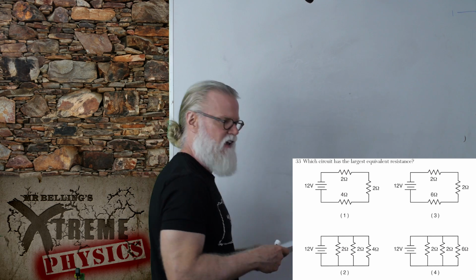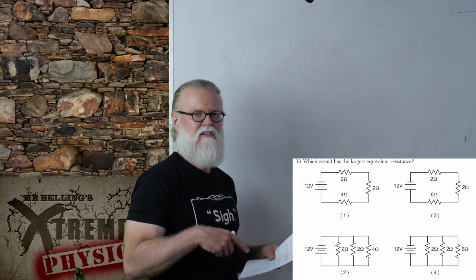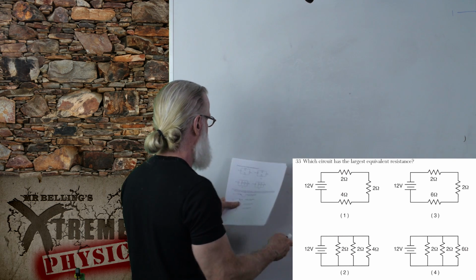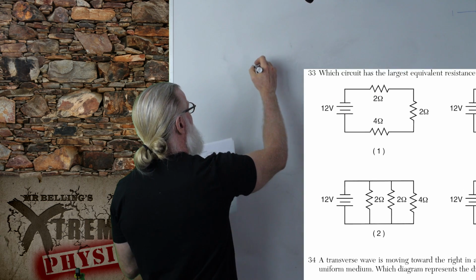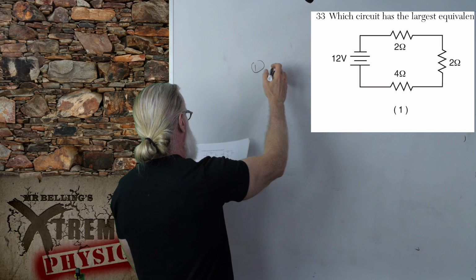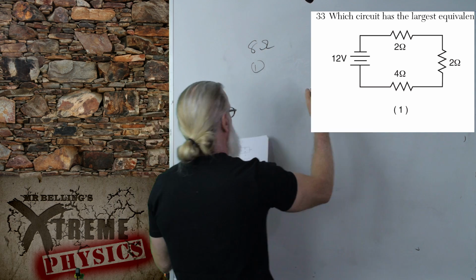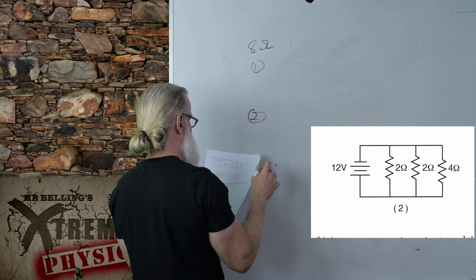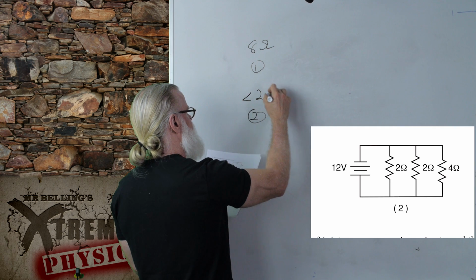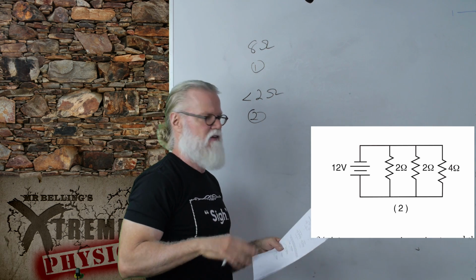And in fact, if you have a parallel circuit, the total resistance will always be less than the smallest resistance. So if we take a look at 1. In series, the equivalent resistance is easy. Just add them up. The equivalent resistance is 8 ohms. So for 2, the equivalent resistance has to be less than 2 ohms because you have a 2 ohm, a 2 ohm, and a 4 ohm. It has to be smaller than the smallest.